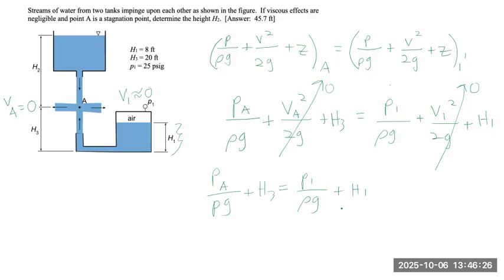Multiplying both sides by rho G, we have PA is equal to P1 plus rho G times (H1 minus H3).